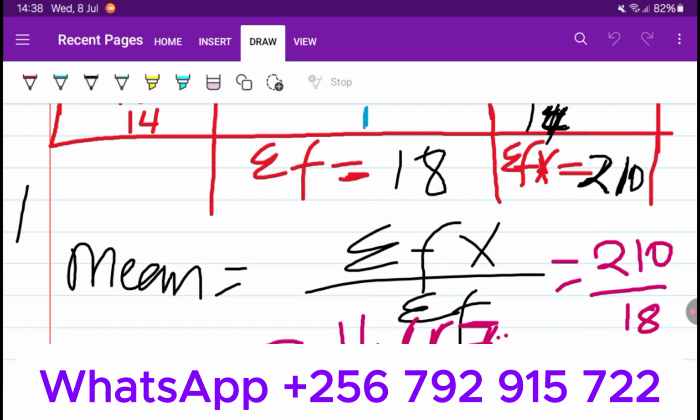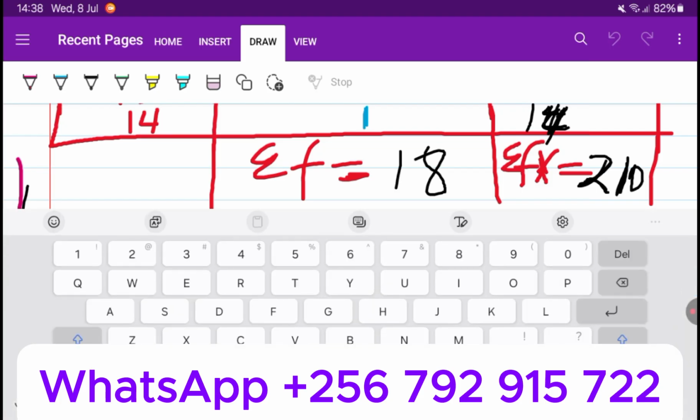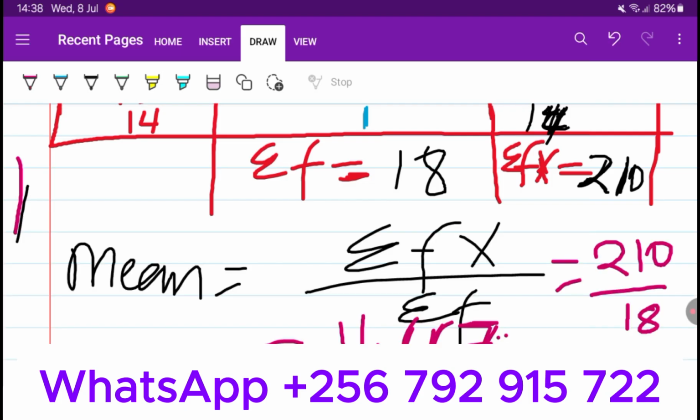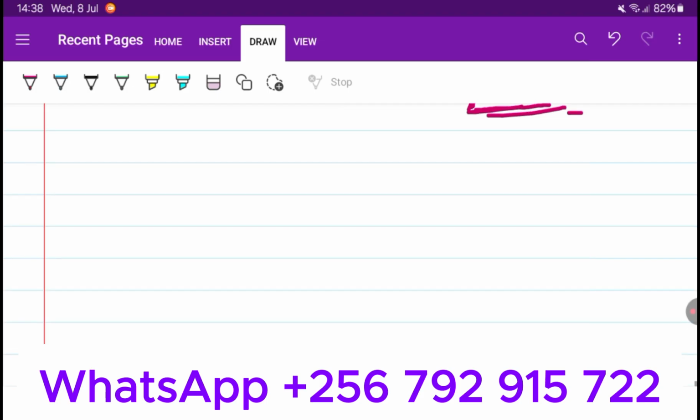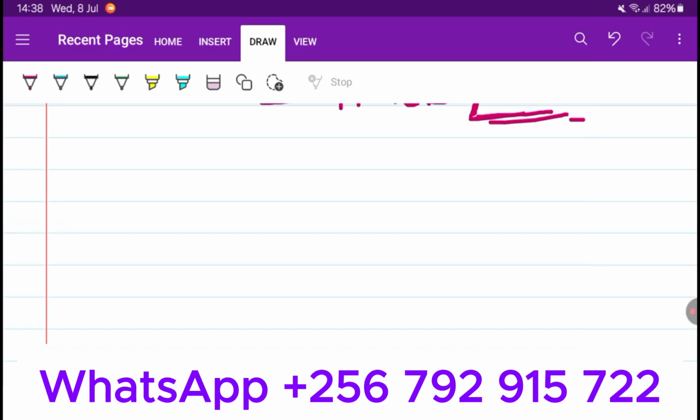Those data sets can also be examined when they have given you the table. Let me show you how they can present it in a table. Then we move to the other method of computing, still the mean.